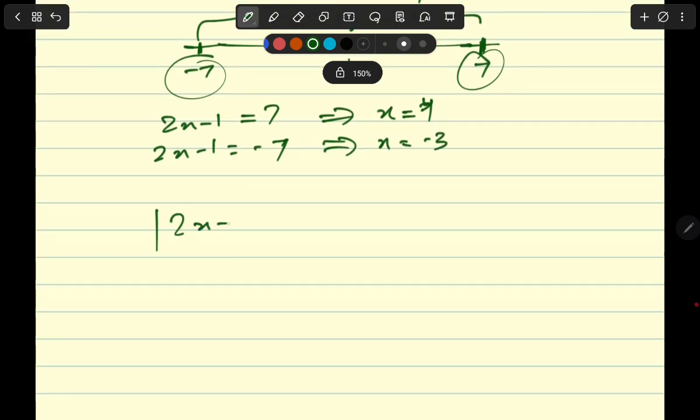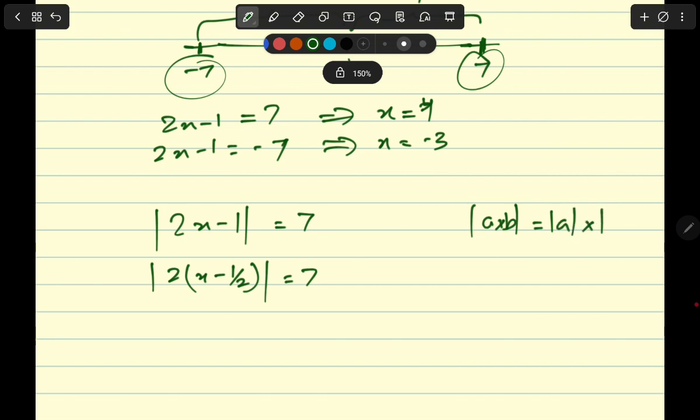Algebraically, what I could also do was take 2x minus 1 is equal to 7. I could take 2 common, so I will have 2 times (x minus half) equal to 7. And now modulus of a times b, by some theorem and theory which we are not getting into, is the same as modulus of a times modulus of b.